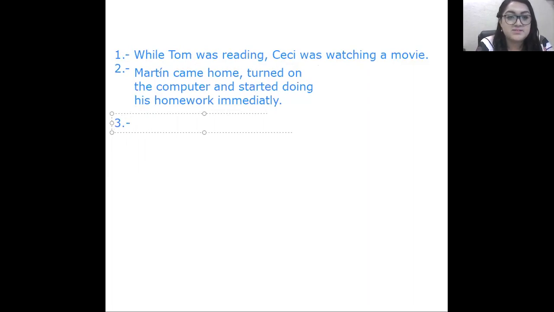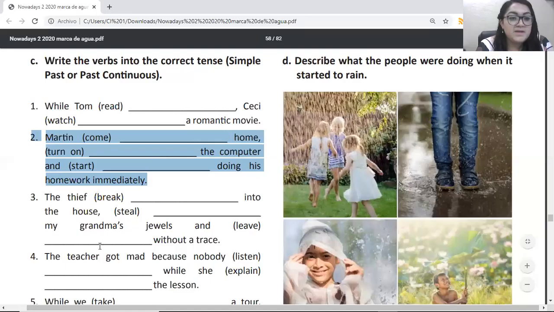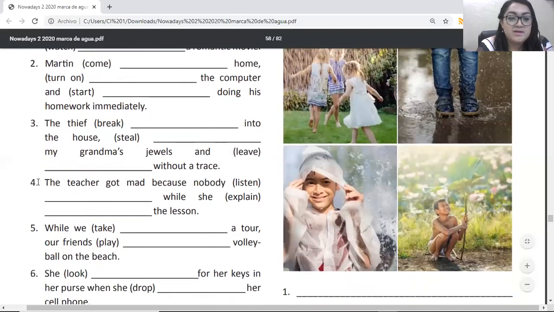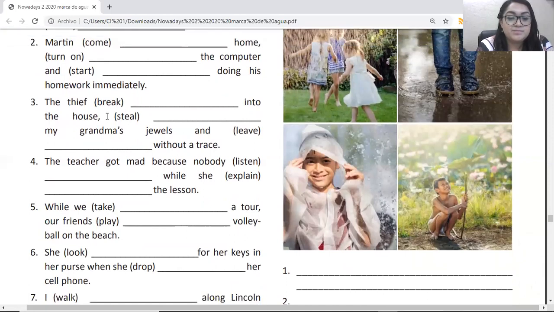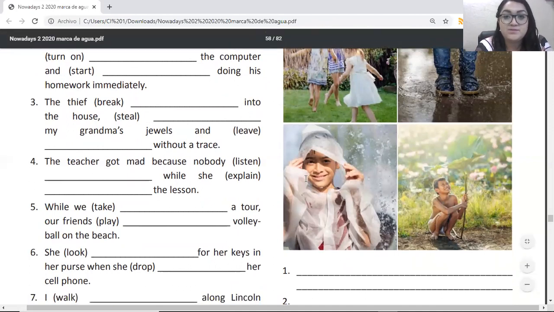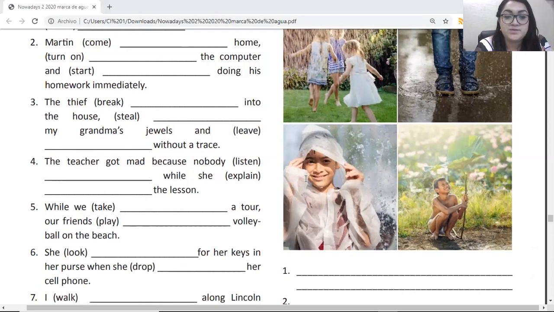We have on the next screen. The thief irrumpió en la casa. The thief broke into the house, stole, in this case, my grandma's jewels, and left without a trace. So, guys, in this we need, obviously, verb tenses in past.